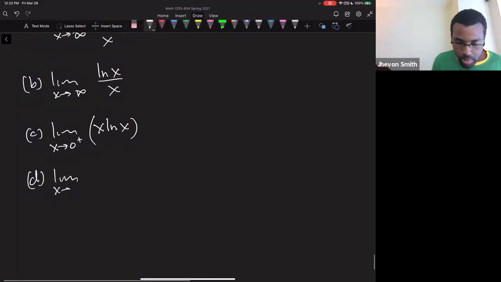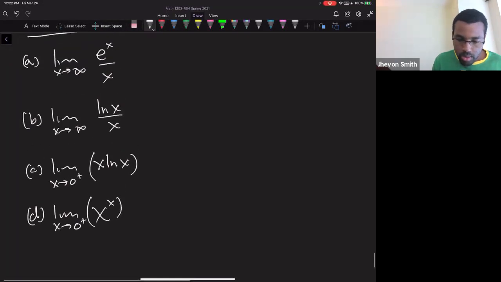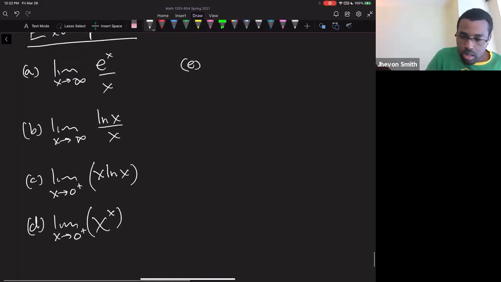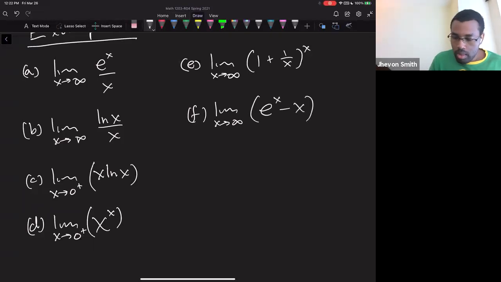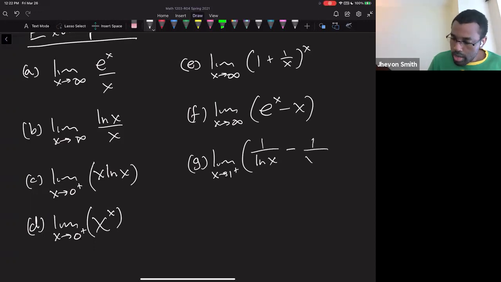The limit as x approaches 0 plus of x raised to the x. The limit as x approaches infinity of 1 plus 1 over x to the x. The limit as x approaches infinity of e to the x minus x. And finally, the limit as x approaches 1 from the right of 1 over ln x minus 1 over x minus 1.